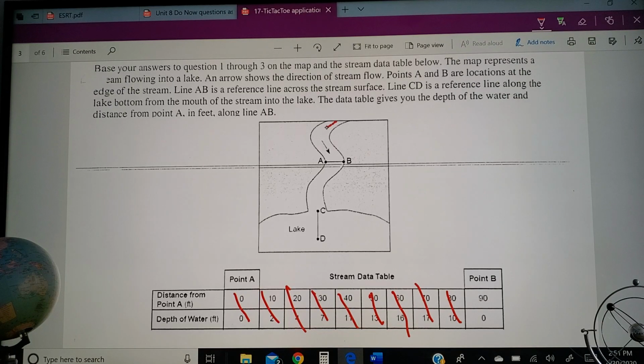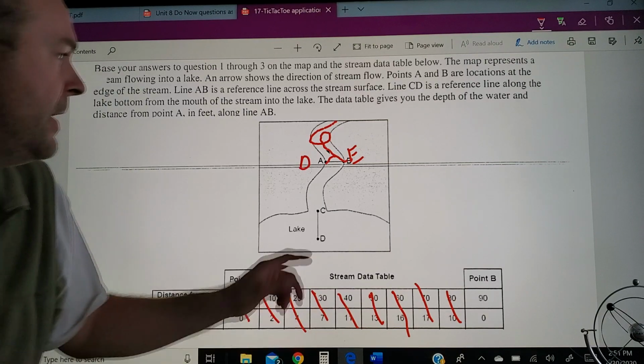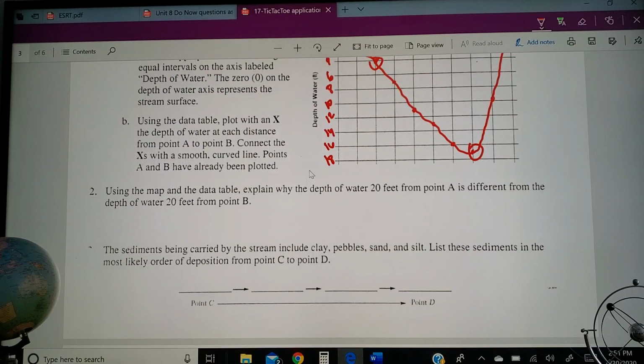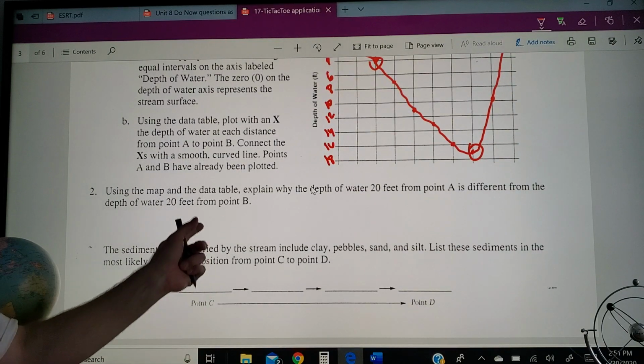It would slam into this bank, circle around. Then it would slam into B and circle around. So you're going to get a lot more erosion here and a lot more deposition there. Okay? All right, and that's what's going on with the second one there.